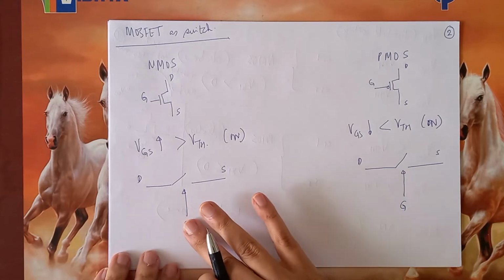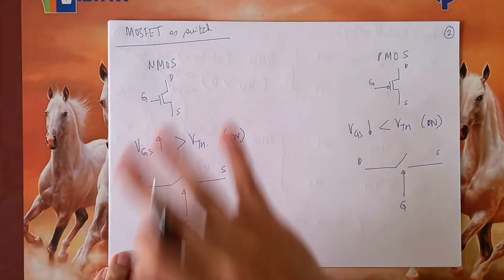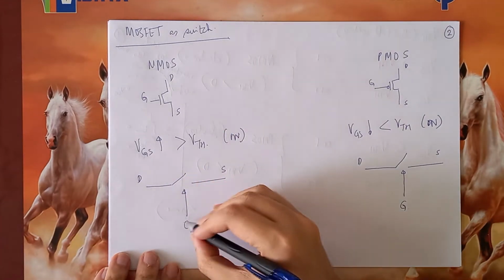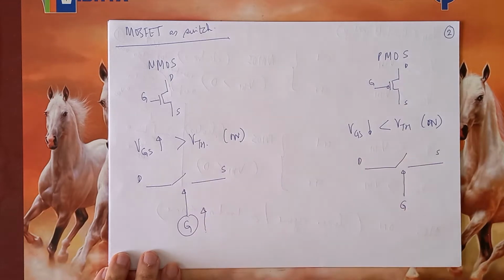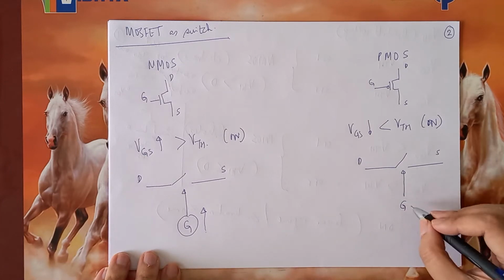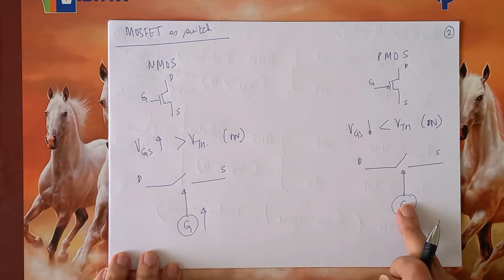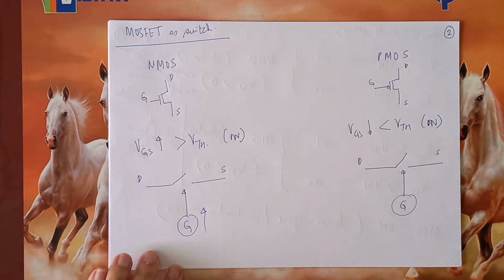So effectively, the gate voltage, which is represented as a gate to source voltage, controls whether the switch is on or off. In case of the NMOS, if this voltage increases, this becomes on, and when this voltage decreases, this becomes off. In case of the PMOS, when this voltage decreases, the switch becomes on, and when this voltage increases, the switch becomes off.